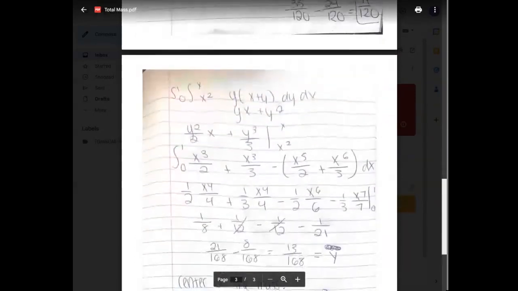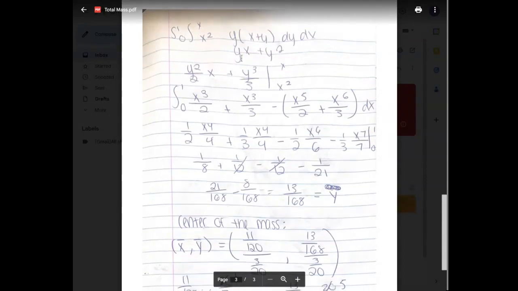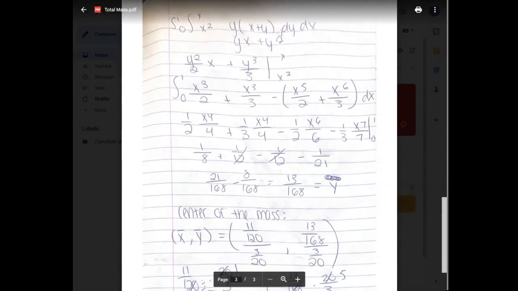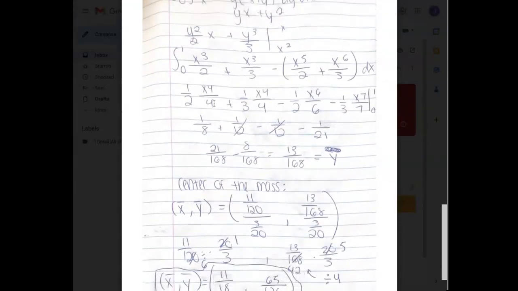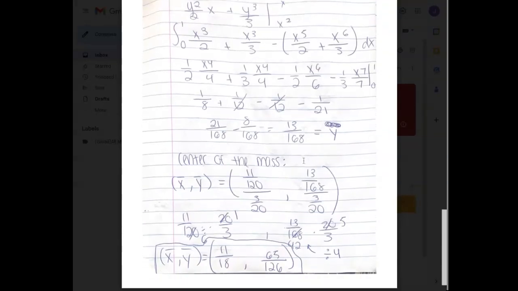And then lastly, I did the numerator of the y component, so it's y times the mass density. I got y times x plus y squared, and then same process, I integrated with respect to y first, plugged in x minus x squared, and then I integrated with respect to x, and I got 13 over 168.